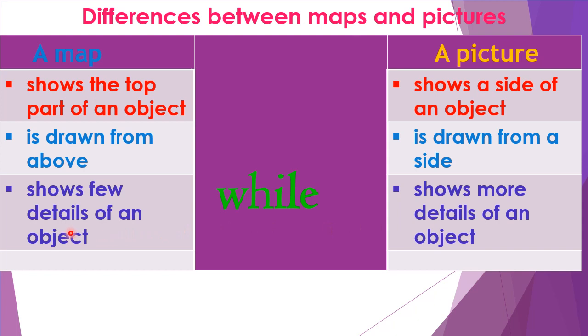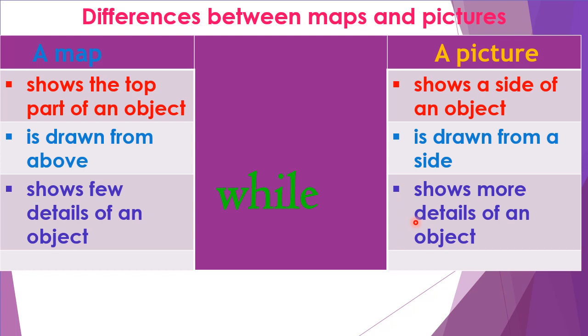So you can form a difference that a map shows few details of an object, while a picture shows more details of an object. According to the sentences we are reading, details can mean things that make up that object.